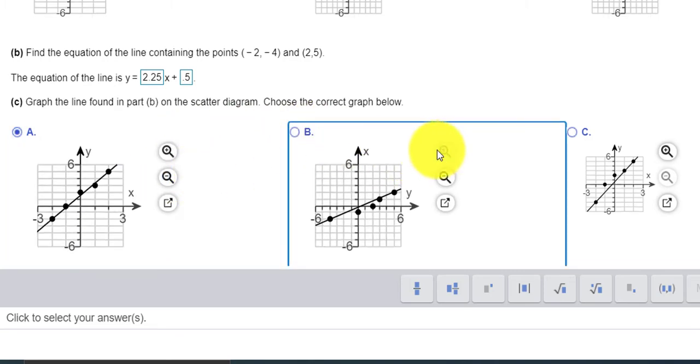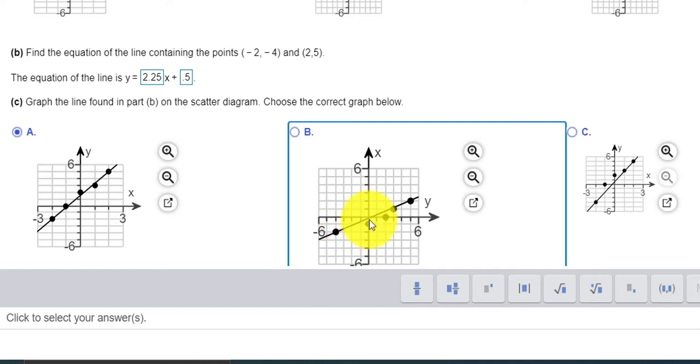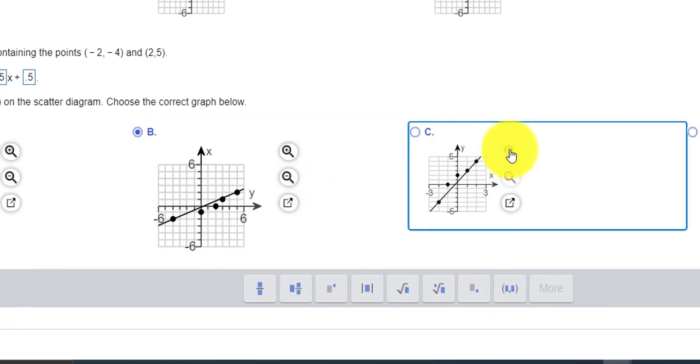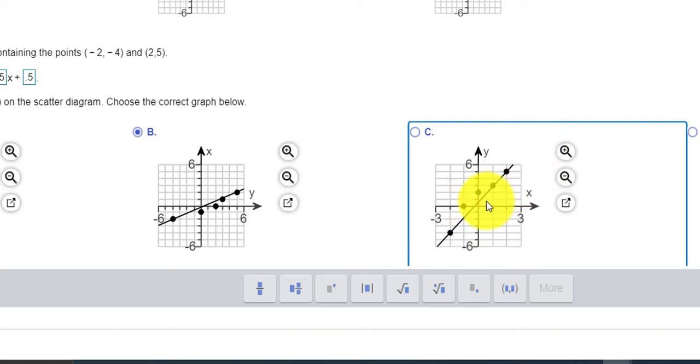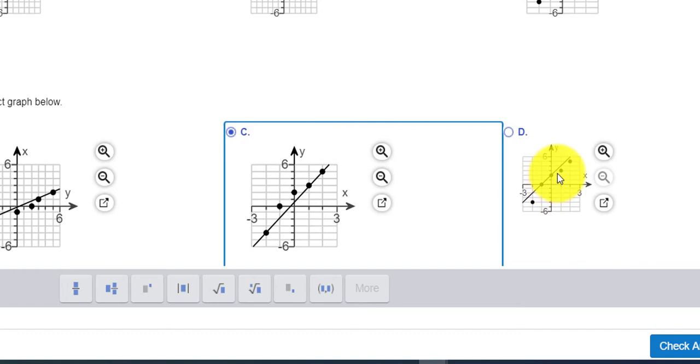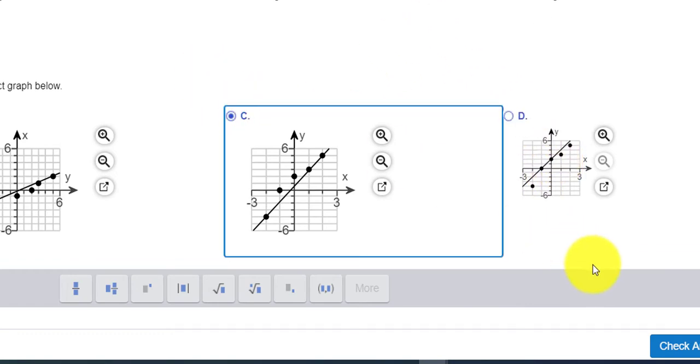Graph B, the line looks like it's crossing at 0, so that's no good. Letter C, even though the dot is way up there, the line could be a 0.5, a half, right? If this is 1 and this is 0, in between could be 0.5. Yeah, I think C is our answer, because when I look at D, the line crosses at like 2. So I think that's it.